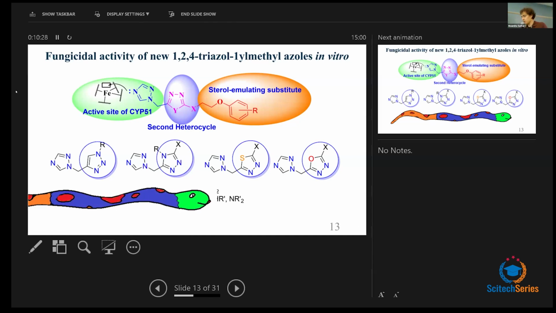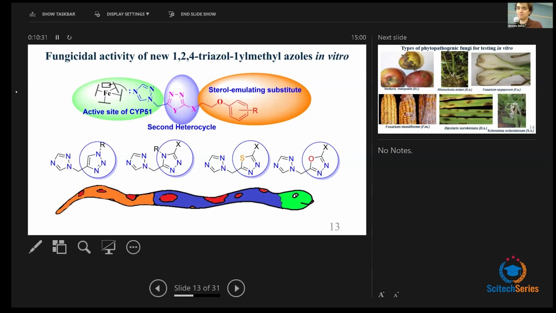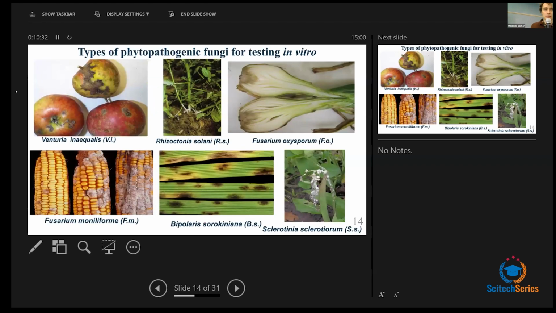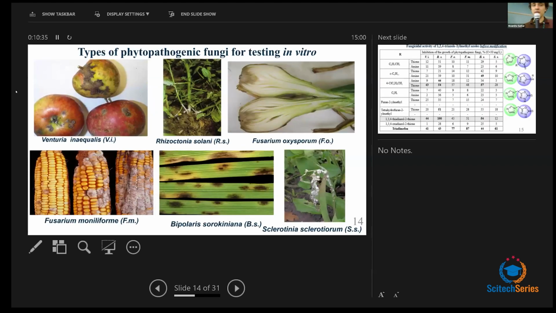Let's see how our model is working. We test our compounds versus phytopathogenic fungi, for example, some fusariums, rhizoctonias, venturia, bipolaris, sclerotium, and some others.